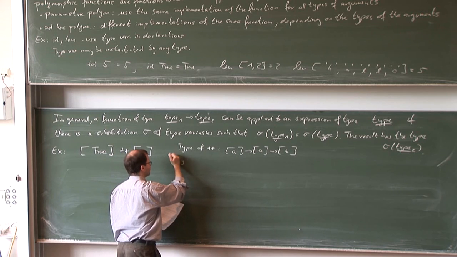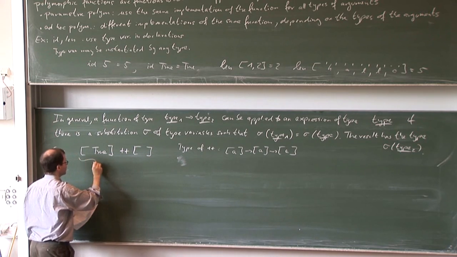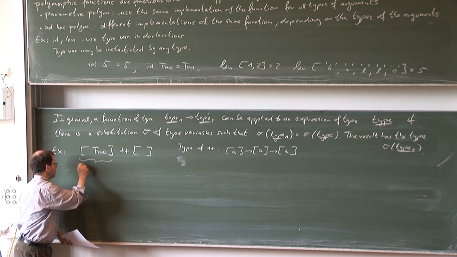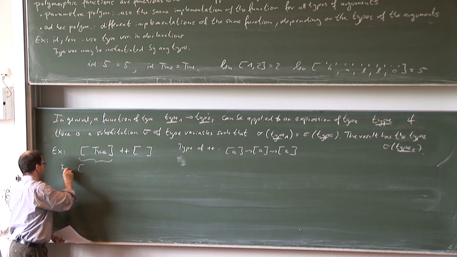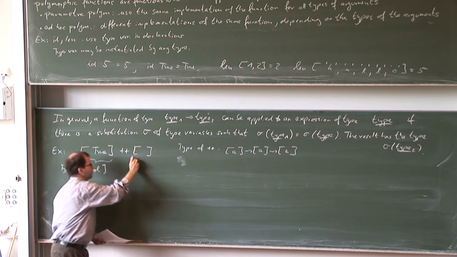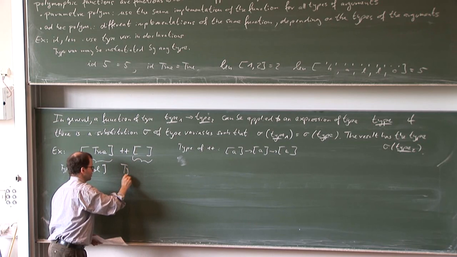What is the type of this? Well, the type of this is list of Booleans. It's a list, and true has the type bool, so the type is list of bool. And what is the type of this?